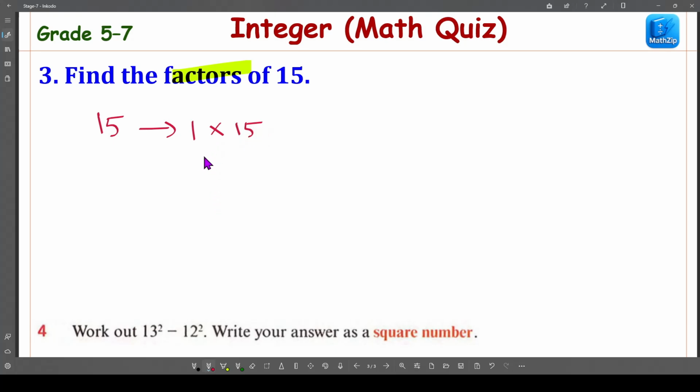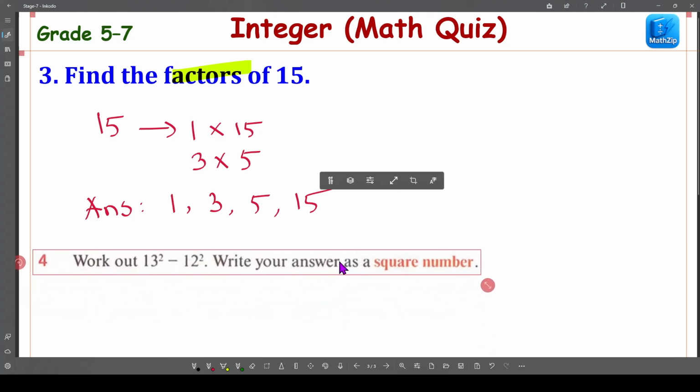Next we can divide 15 by 3 and we will get 5. 3 times 5 is 15. So 4 is not possible. 5 is already done. 6, 7, 8, 9, 10 up to 15. So here there is only 1, 3, 5 and 15. Answer: 1, 3, 5, 15. Okay, very simple.